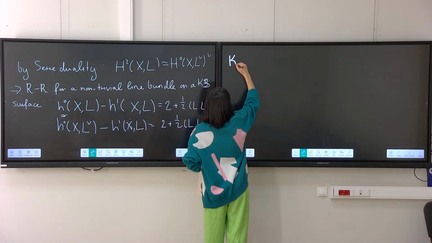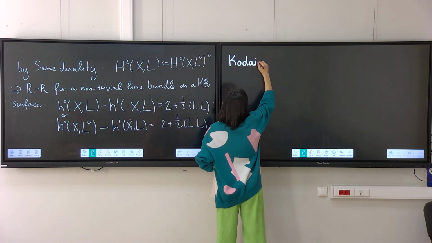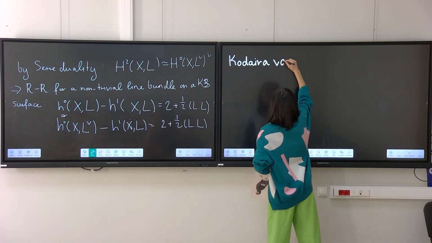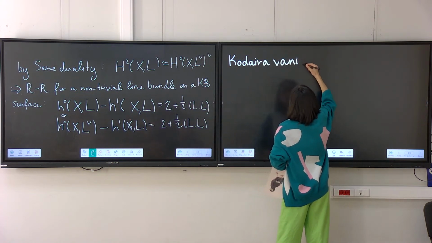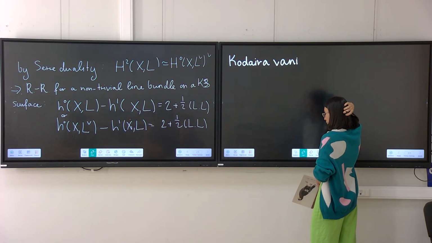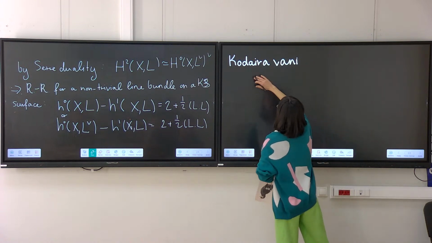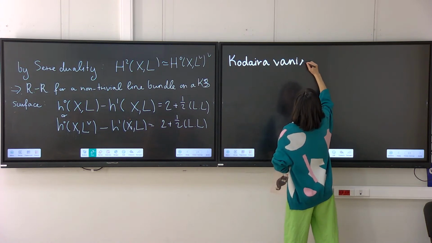So let me first state Kodaira vanishing. It's very famous, and in fact it's a difficult theorem, very difficult to prove, but it's very easy to use and very important to use sometimes.